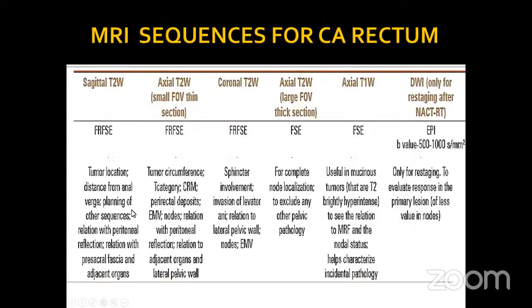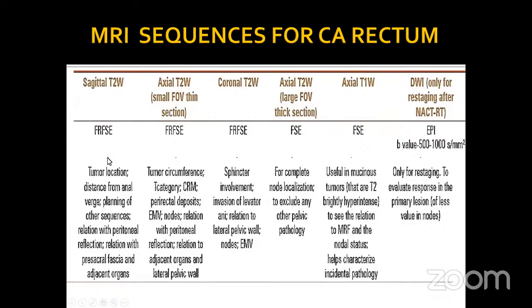So there are various sequences and projections like sagittal T2, axial T2, coronal T2, and diffusion. These are the four main MR sequences we need to look at. Each and every projection, sagittal, axial, coronal, and diffusion, has importance.